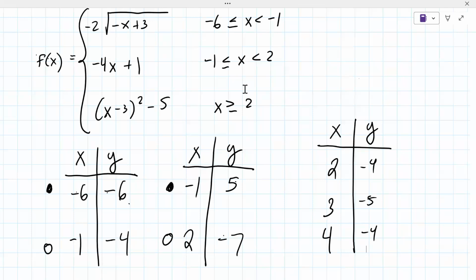Now let's graph it. Do you have your graph paper handy? Yep, I have graph paper. I'm going to grab a snip of some graph paper and then we'll graph this. Do I have room for all that? Just making sure I have enough room.